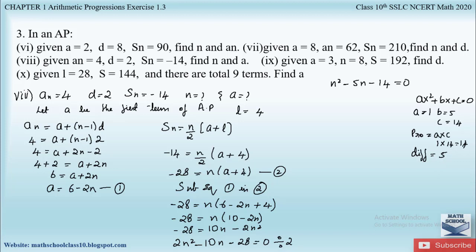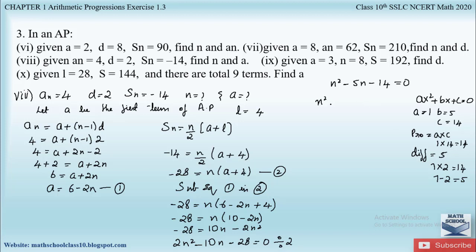So let us take two coefficients whose product is 14, that is 7 into 2 is equal to 14, and 7 minus 2 is equal to 5. So we will use these two coefficients instead of 5. Instead of 5 we will write 7 minus 2 in the equation.